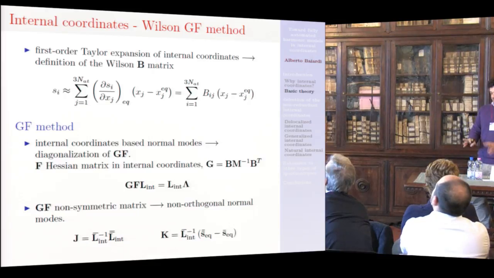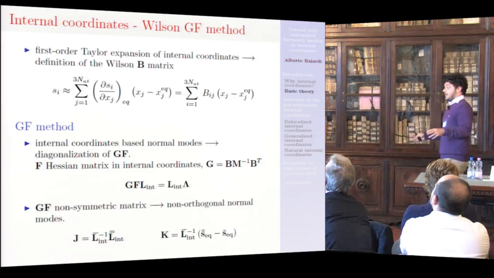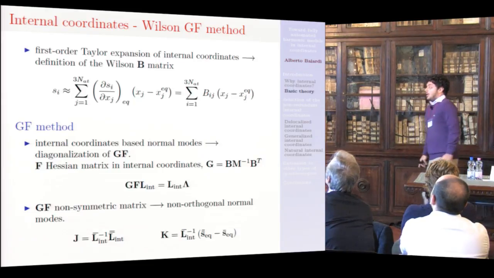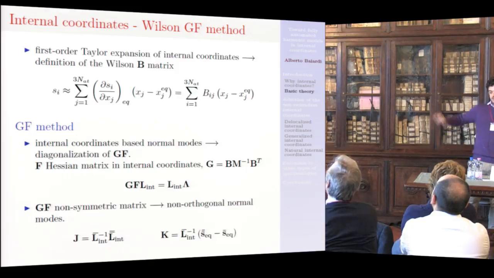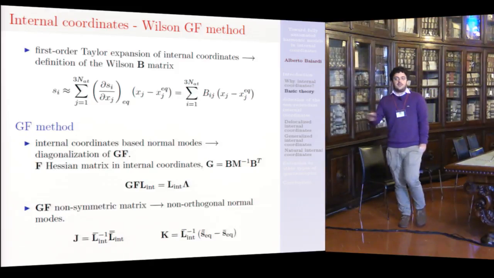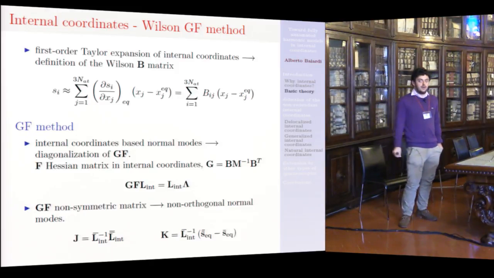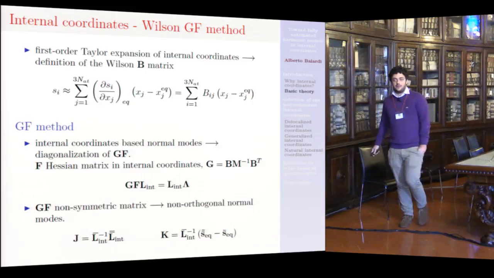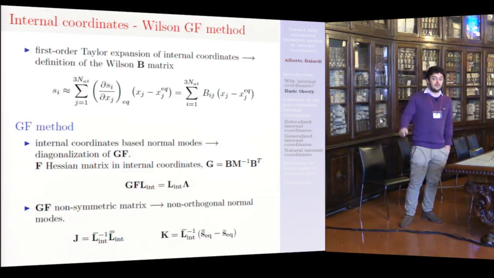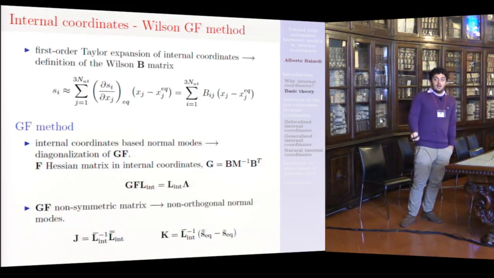At this point, there is the difference between adiabatic and vertical models in internal coordinates, because for vertical models, to calculate the Hessian away from the minimum point, there are some technical problems because you have a contribution of the derivative of the B matrix and of the gradient, which is not straightforward to take into account. And so up to now we have implemented in our code only adiabatic models.